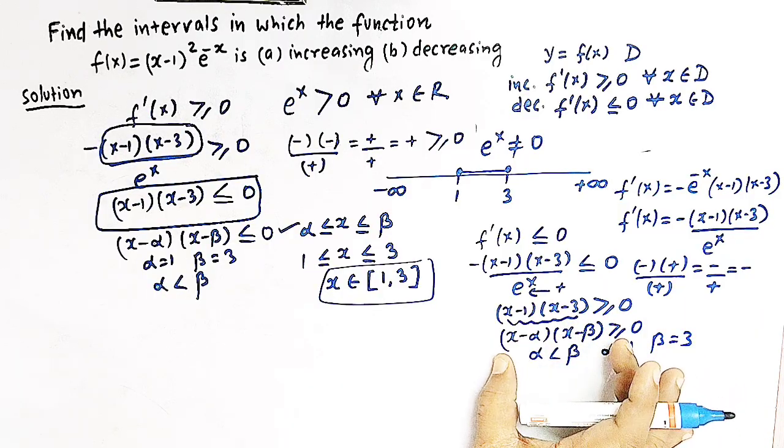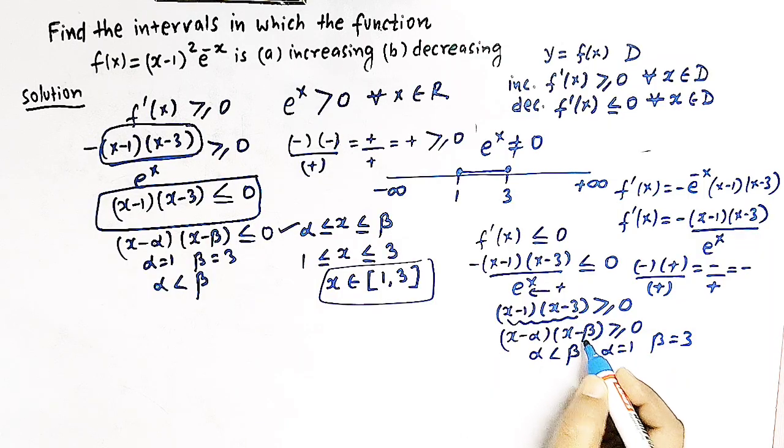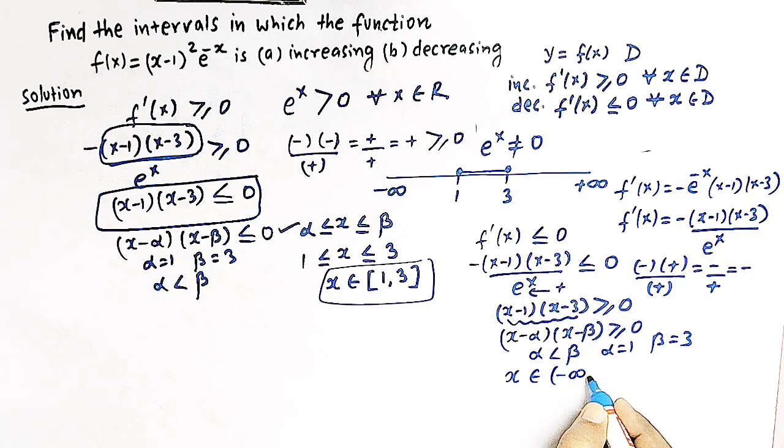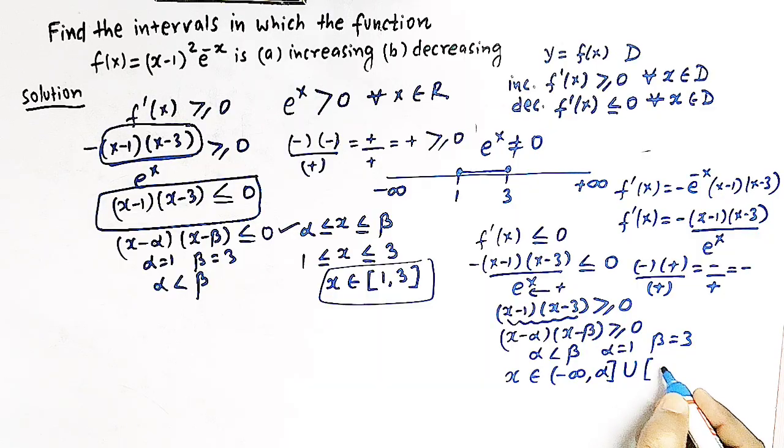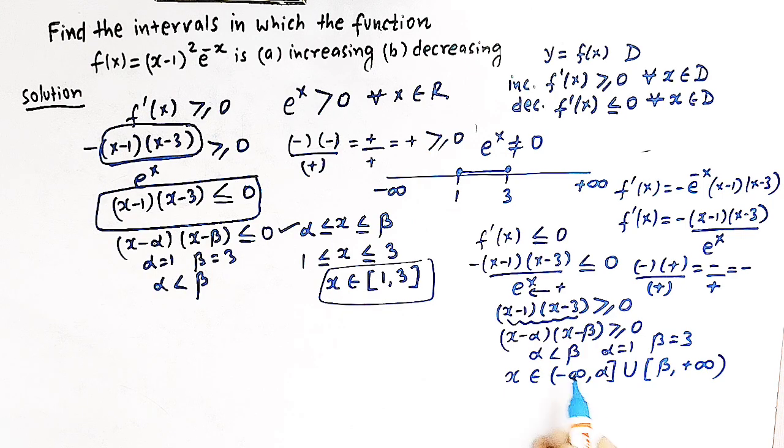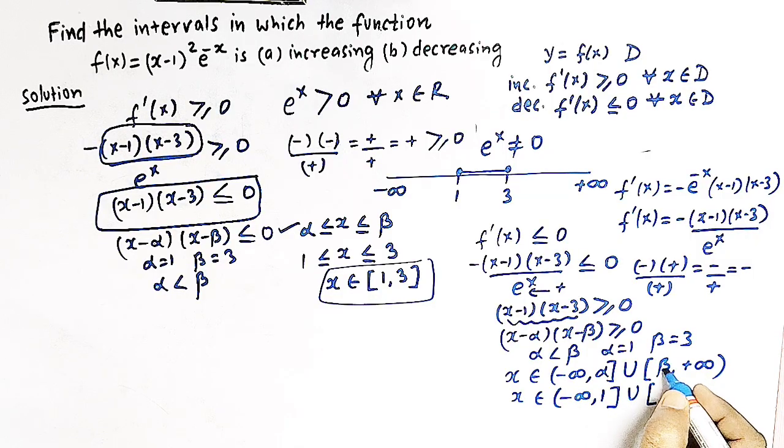And the solution of this type of inequality is given by x belonging to the interval from minus infinity to alpha, union beta to positive infinity, right? So the solution of this inequality is given by x belonging to minus infinity to 1, union 3 to plus infinity, right?